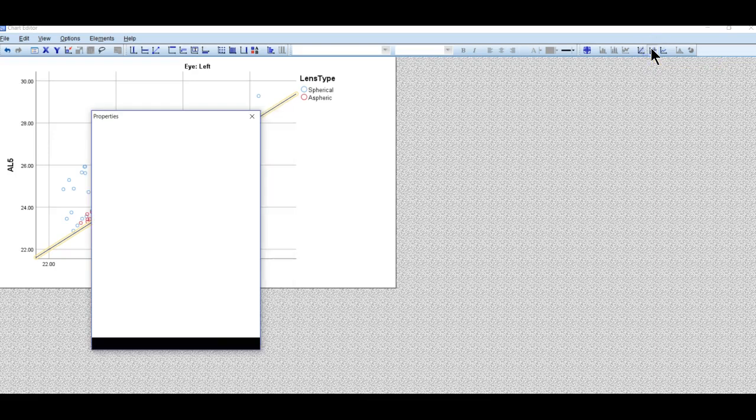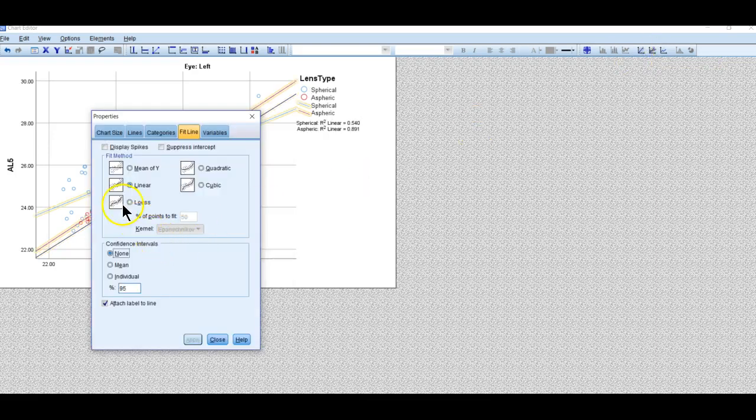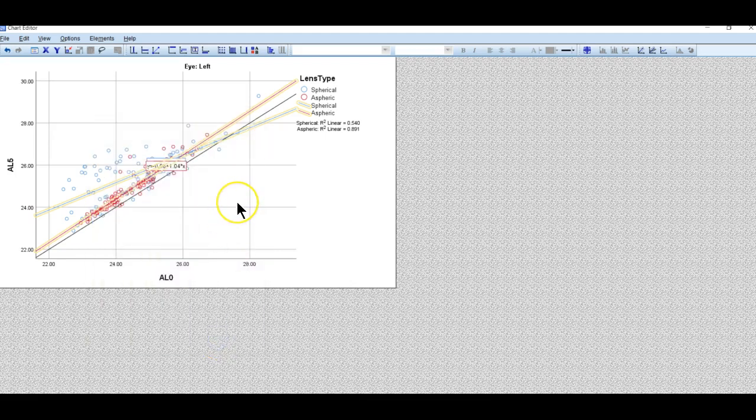We want a linear line. Okay. Now, what are our R-squareds? We look over here, we see that the aspheric lines are a little bit cleaner than the spherical lines.